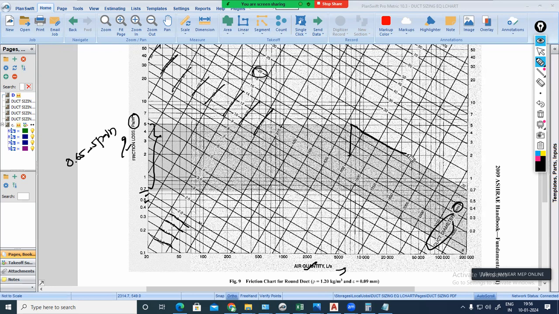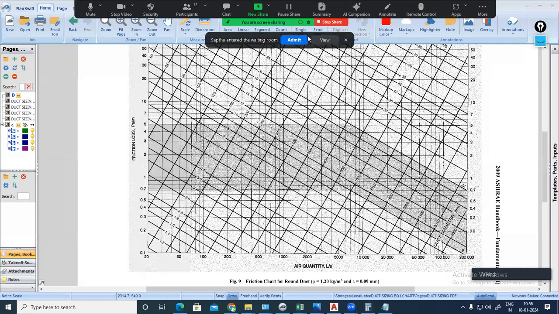So it is clear that the maximum recommended duct velocity at any point in a duct is 20 meter per second as per ASHRAE. Within this range, you have to select. Head loss, we can go up to 5 Pascal per meter. But we will not select this 20 meter per second, which is applicable for industrial exhaust application, very high velocity duct. As per ASHRAE, this shaded range is permissible, but we will not go for that.